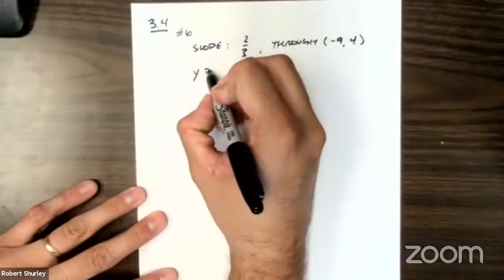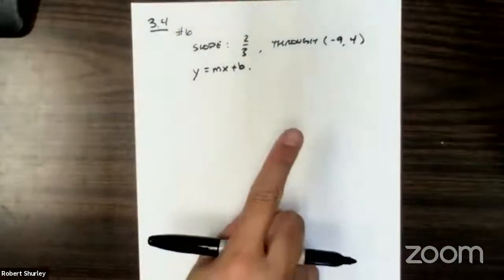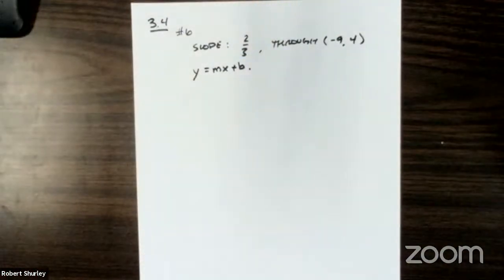So we want to write it in y equals mx plus b. I'm going to give you a minute to work this, okay, to see if we're in the right spot. And if you've done the homework, I know you didn't do the evens, but you've definitely seen one like this. I'm going to give you a minute to work this, and then we'll go on to a few that build on it.